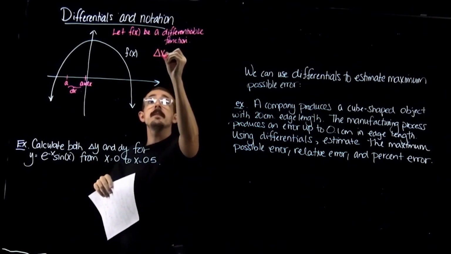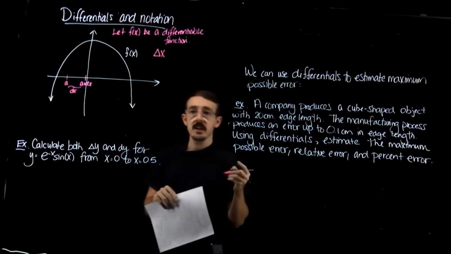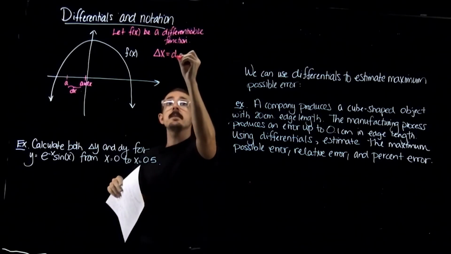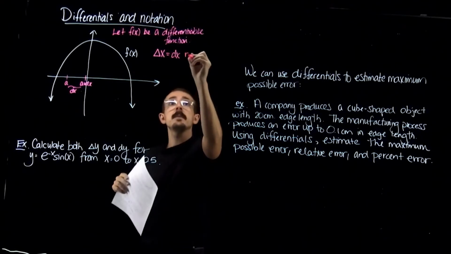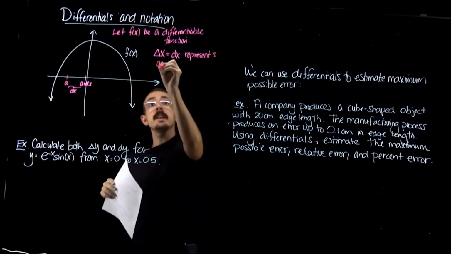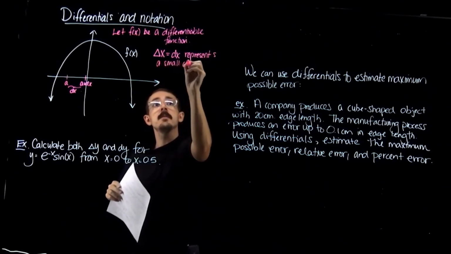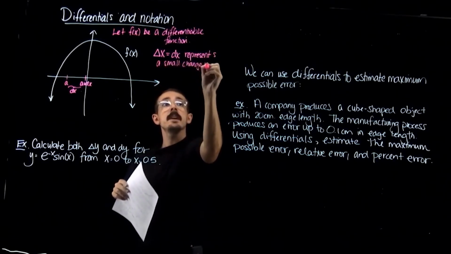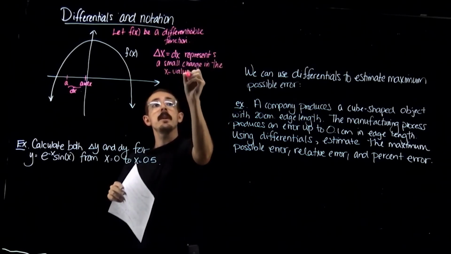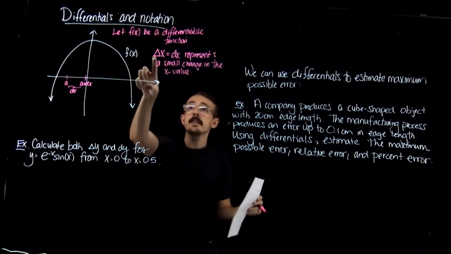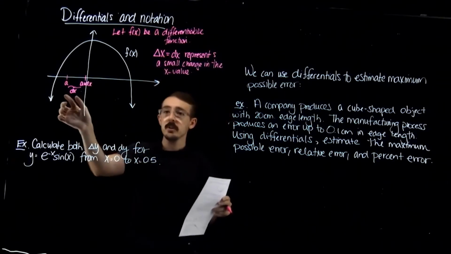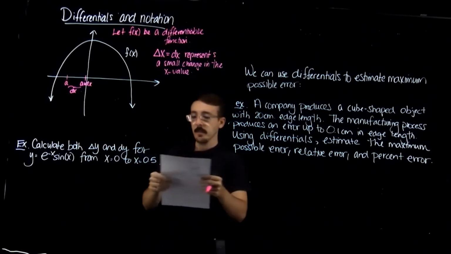This delta symbol means change in. The change in x, delta x, is going to be equal to dx. This represents a small change in the x value. So delta x or dx, they are both the exact same thing. They both represent a small change in the x direction.